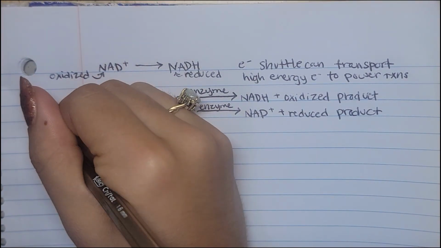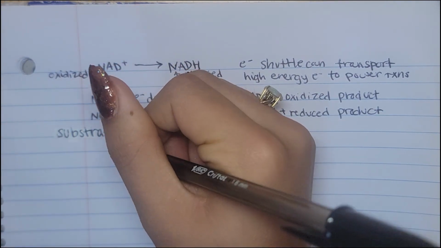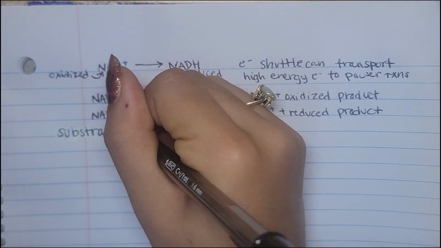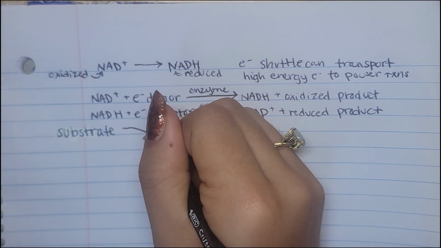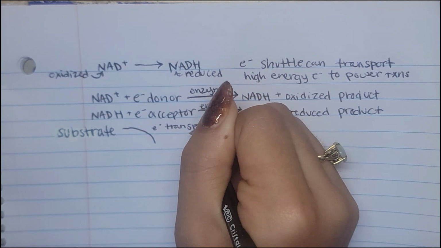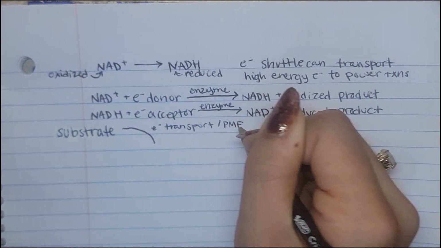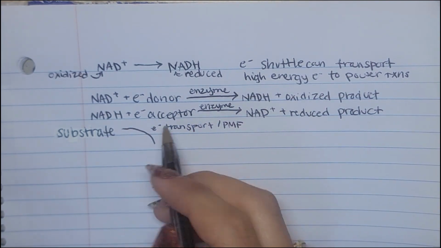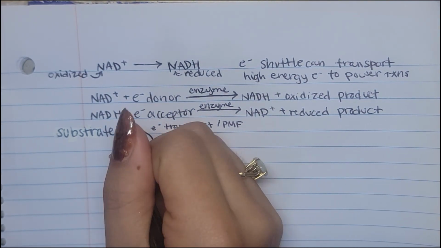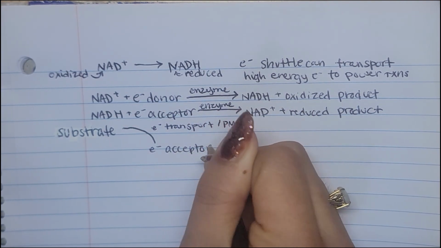So when you're oxidizing some substrate, you can generate ATP through the electron transport or proton motive force. But first, you need to go through an electron acceptor, and then you can make ATP.